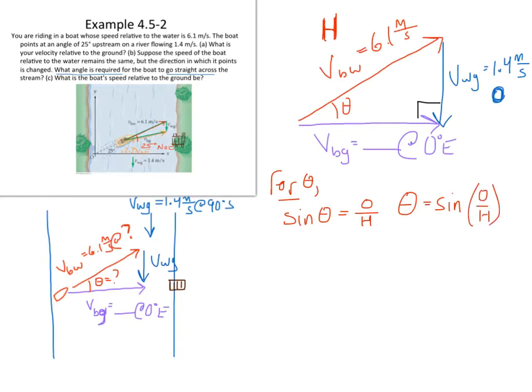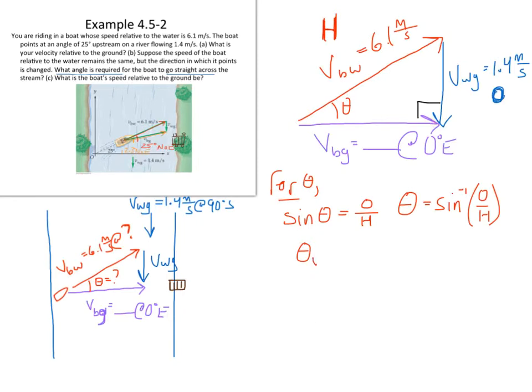All right, that angle theta, sine^-1, I forgot, sorry. That's the inverse sine, just like we use the inverse tangent, but the inverse tangent includes the opposite over the adjacent. You might say the y over the x. Well, we don't know the x value right here, so we can't use that. So we're using the opposite and the hypotenuse. So let's solve for that angle theta that we have to point the boat upstream in order for it to result in going straight across the stream.